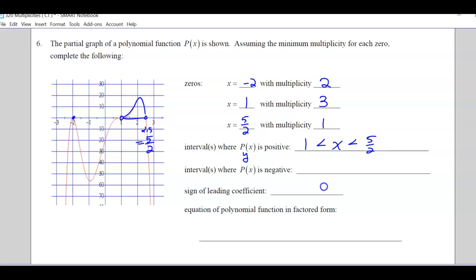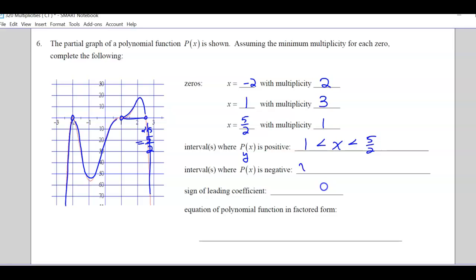Where is it negative? Well, that's all the other parts except for at negative 2, right? Because that has a y value of 0, and so we don't include that. So this is this left-hand, so there's basically a bunch of parts. That part, and the part at the end there.